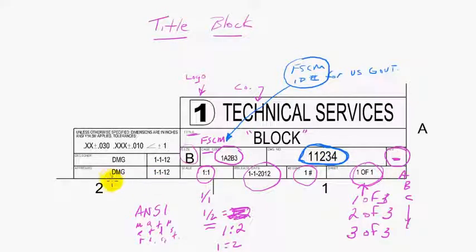Then we've got whoever was the designer when he approved this drawing, and the approver, which may be his boss. Depending on the complexity of the organization and the approval process, there may be many signatures here, or many sign-offs.